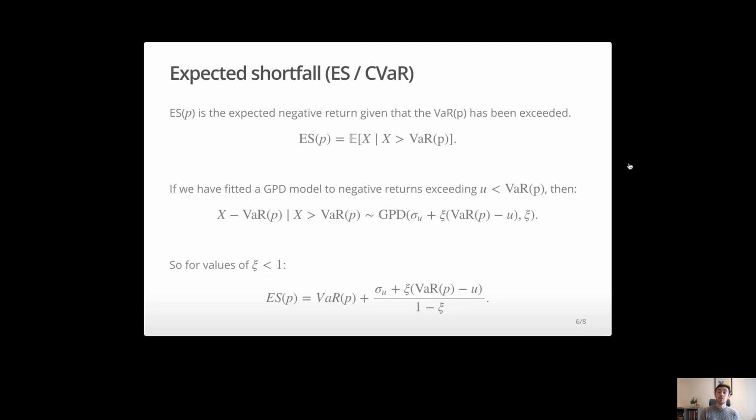If we fitted a GPD model, then what we have is a very natural way of estimating this, because we know that if our threshold u is less than the value at risk that we're considering, then threshold exceedances of the value at risk are also going to follow a GPD. And so this is what's given in this expression.